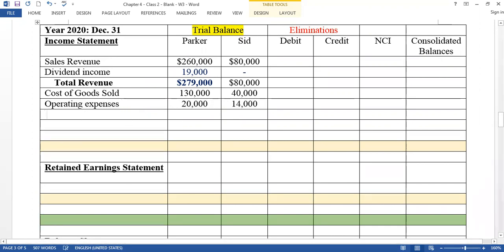Now we can write total expenses, and you can add these two. This is $150,000 and $54,000.